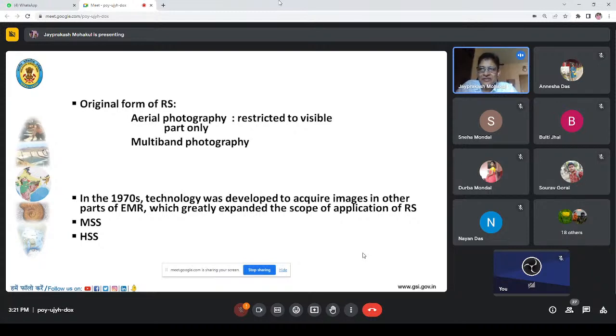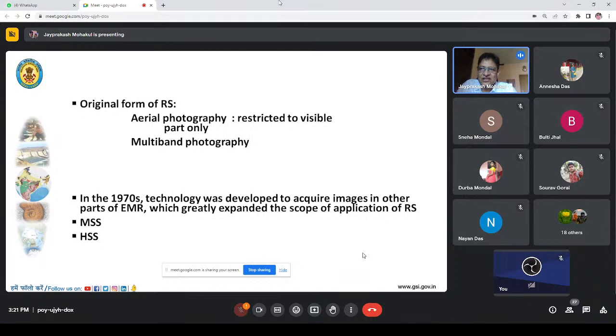They are basically electronic devices, and each sensor is designed in such a manner that when the light falls on those sensors, it creates an electrical impulse, right? Now, each sensor is sensitive to a particular range of EMR, right?